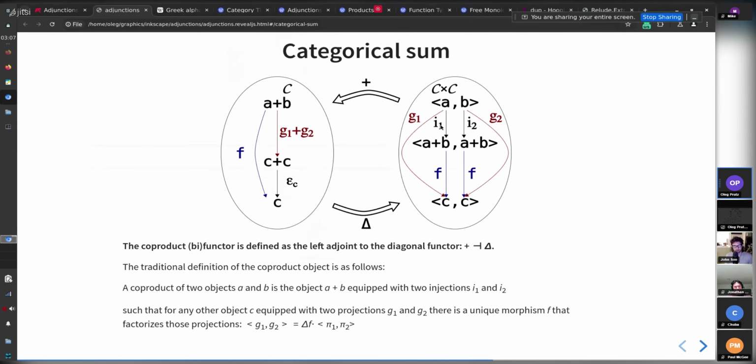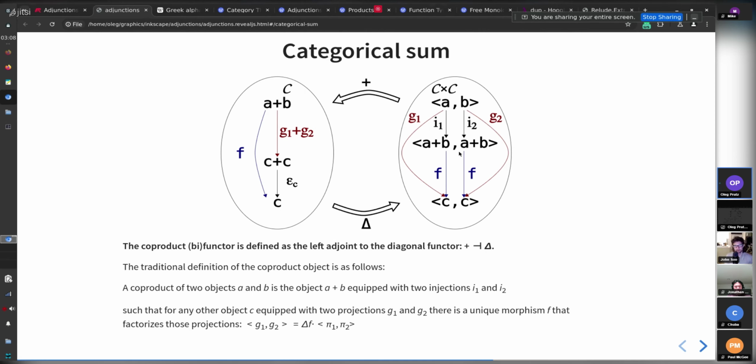Yeah, and I forgot to tell, I1 and I2 are called injections. It says projections here. That should be injections. So I1 and I2 are the actual injections. G1 and G2 are the other candidate injections.